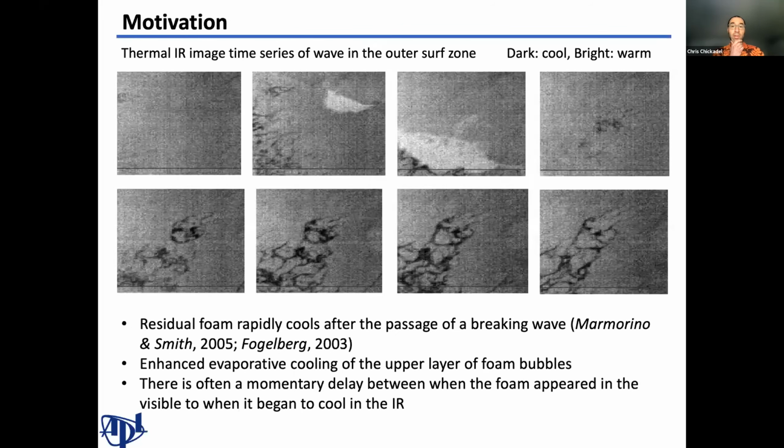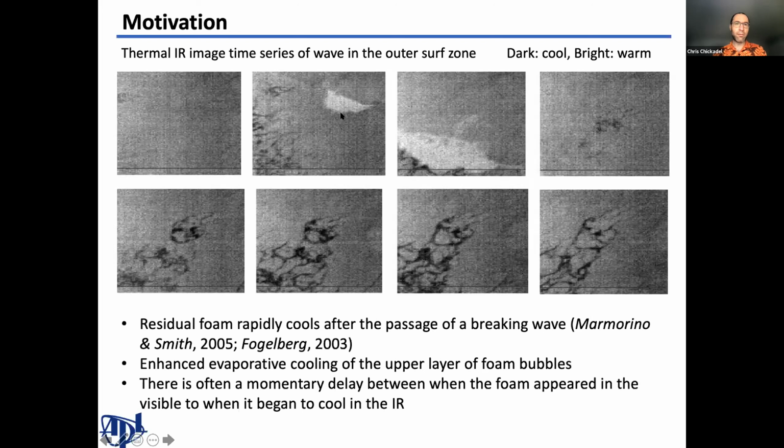Our motivation for looking at whitecaps is somewhat interesting. The image I showed you before was just disturbance without bubbles. However, in observations a decade and a half ago or more, what was noticed is that when thermal imaging was applied to the open ocean under whitecapping conditions, the active wave breaking looked different. In this sequence of images showing the passage of an active wave, upper left is before the wave arrives.